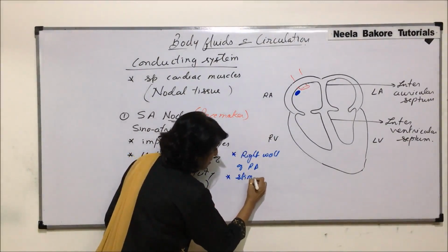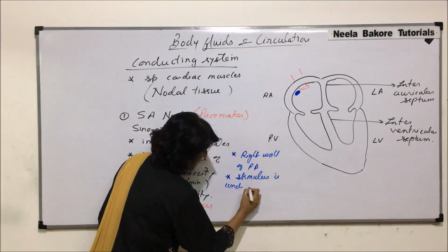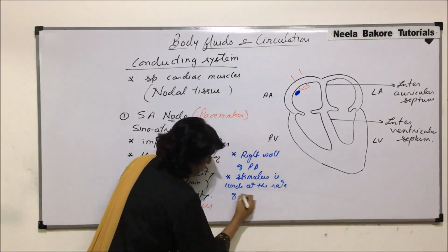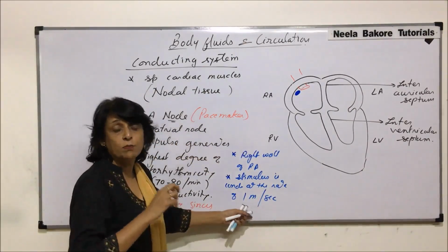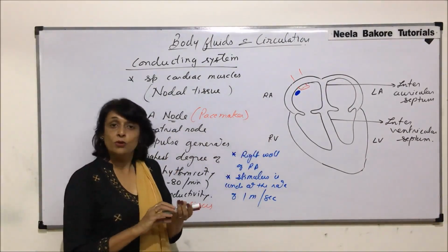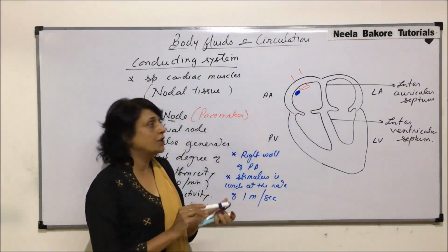So the stimulus is conducted at the rate of 1 meter per second, and this is the pace at which the impulse is conducted through the muscles. And it is going to reach the other tissue.